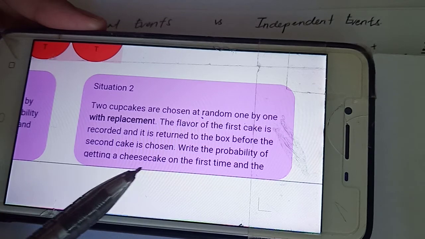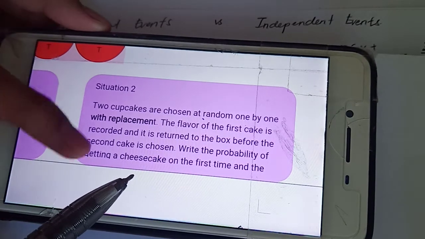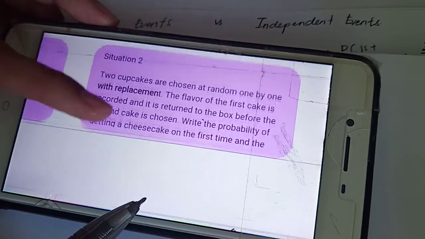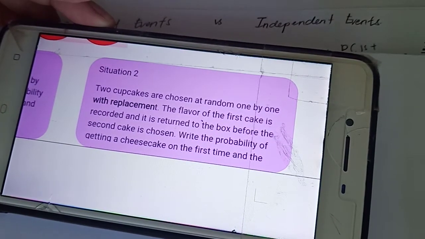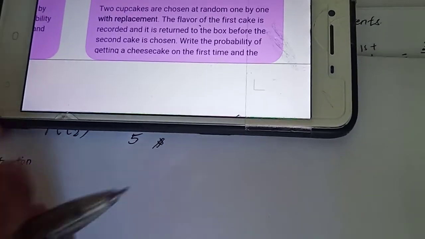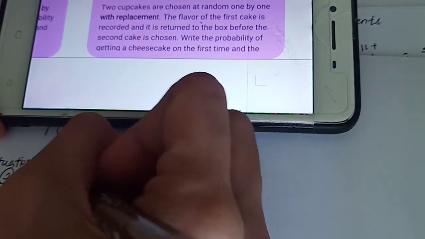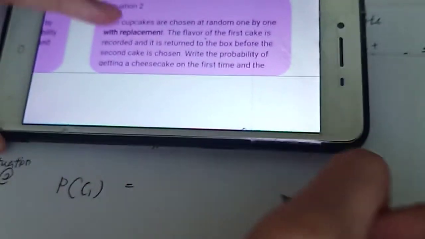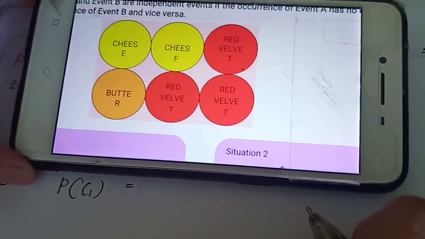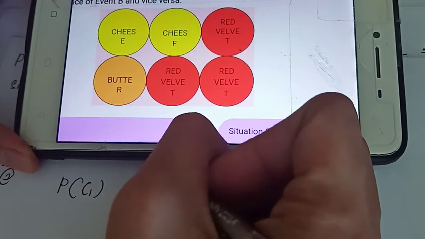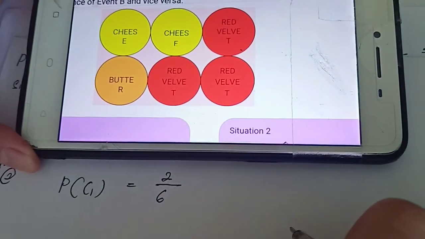Write the probability of getting a cheesecake the first time and getting a cheesecake the second time. So again, you want to get a cheesecake. The first time I want to get a cheesecake, the probability is 2 over 6.